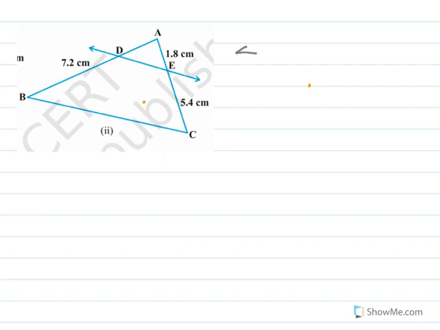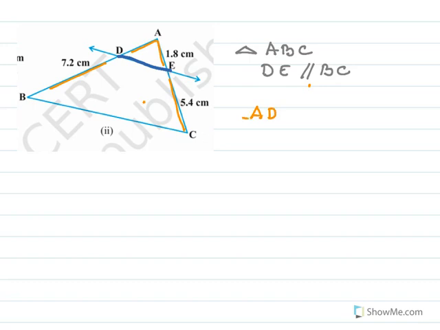Here again in this triangle ABC, we have DE parallel to BC. Now if DE is parallel to BC, this is parallel here, we can say AD over DB equal to AE over EC.